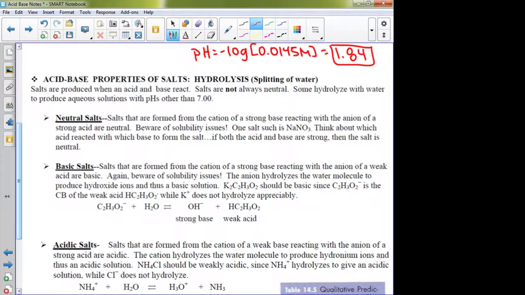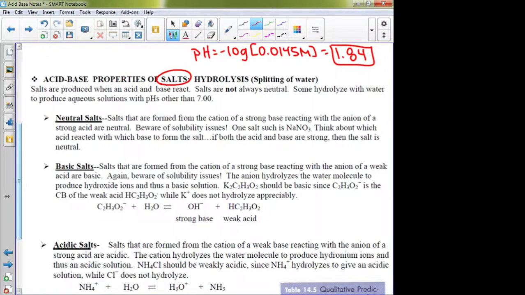Okay. So now we're going to talk about the acid-base properties of salts. Every time an acid and a base react normally, you're going to get some form of a salt. Now, does that mean every time an acid and a base react, we're going to get NaCl?